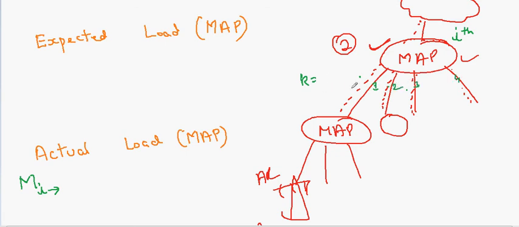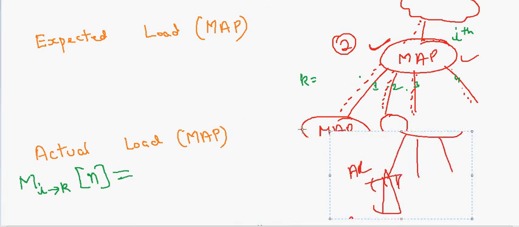So each of the downlinks is k. The actual load of the ith MAP in its kth downlink at time n is equal to... I will remove a part of it, delete it.